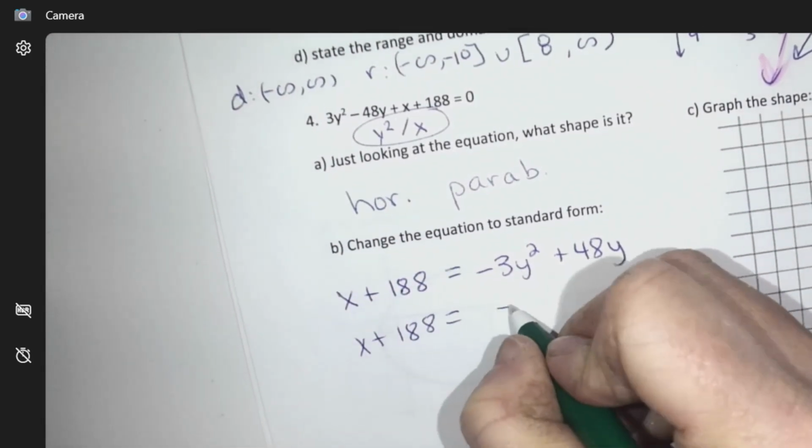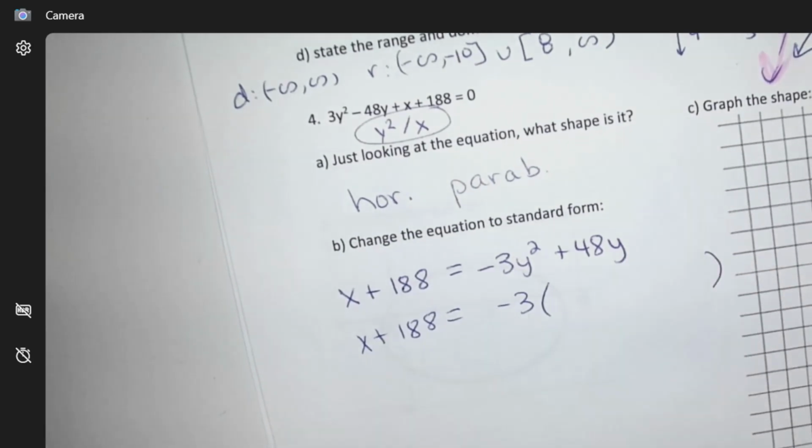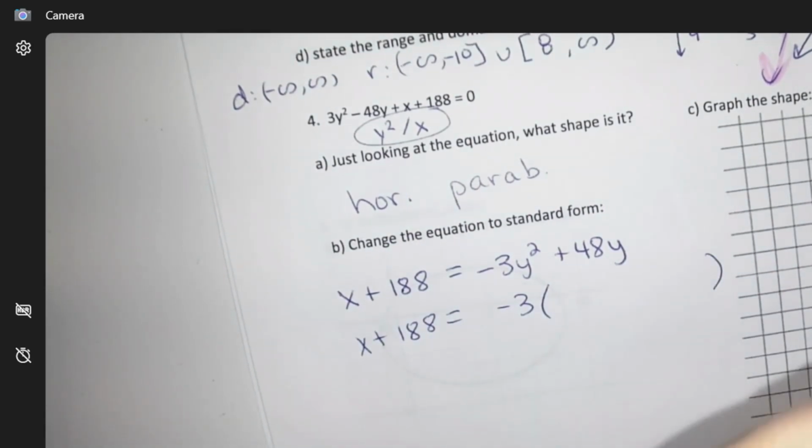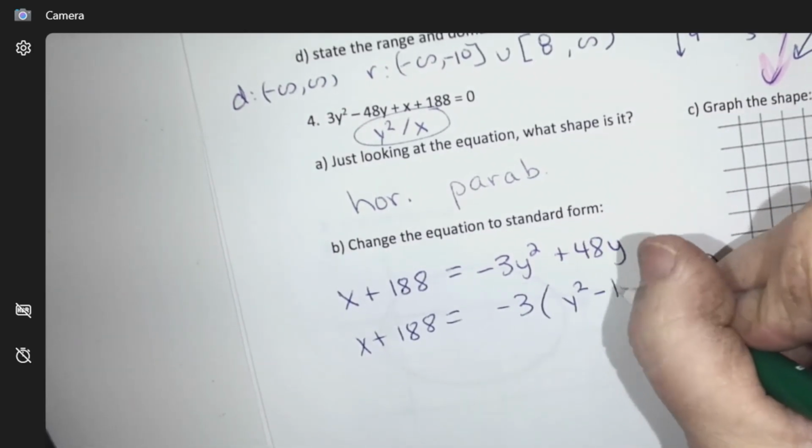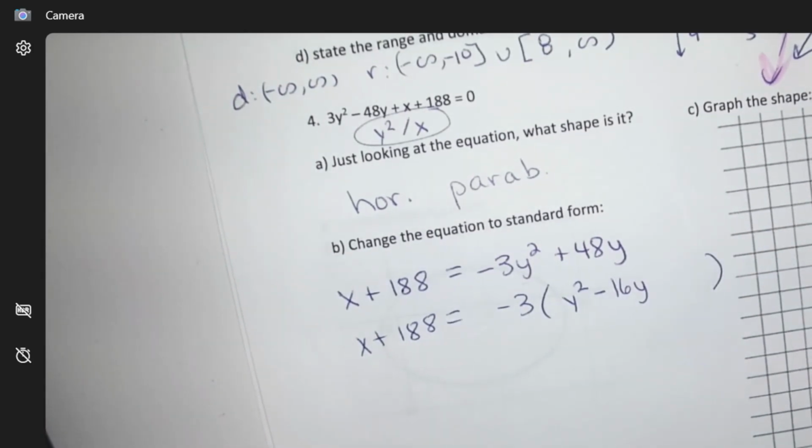I'm going to GCF. And then once I have my simple trinomial, that's where I complete the square.